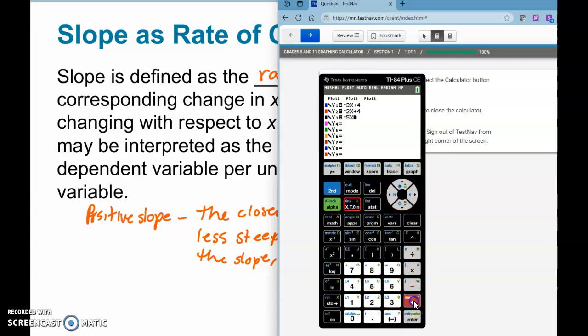When I put in negative 2, that was the red line, and it was less steep. But when I put in negative 5, that's further away from 0, a steeper line, more of a fall. When it's negative, the line goes downward. And if I put in negative 0.5, the closest slope to 0 here, that's the least steep line.